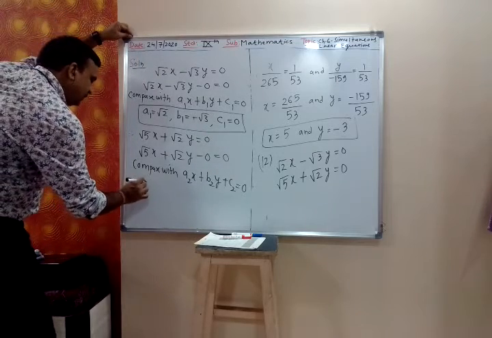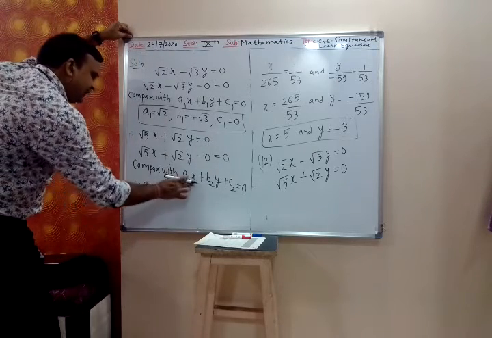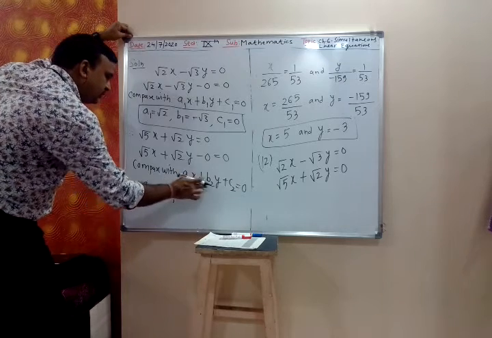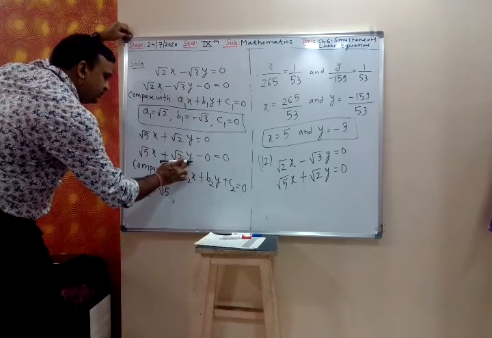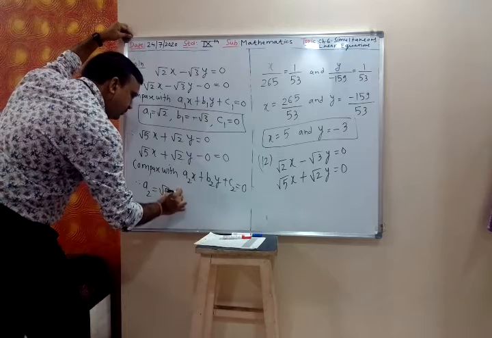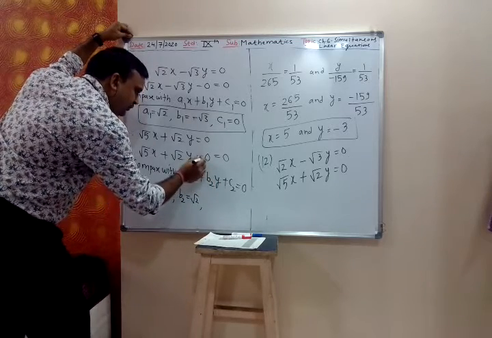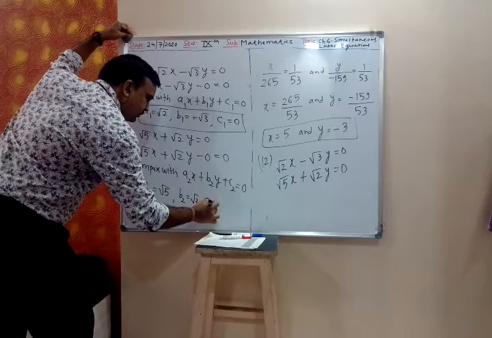Coefficient of x is a2, which is root 5. Coefficient of y is b2, which is root 2. So b2 is root 2. And c2 is the constant term, which is 0. So c2 is 0.